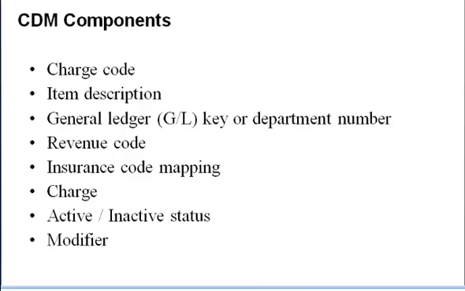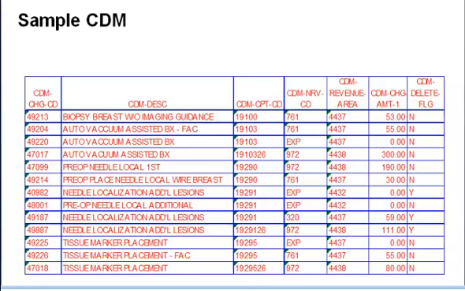The components of a charge master include the charge code, the description, the department number, the revenue code, an insurance mapping code, what the charge is, if that particular line item is active or inactive, and if there is a modifier. Here's just a sample snapshot of what a charge master would look like.